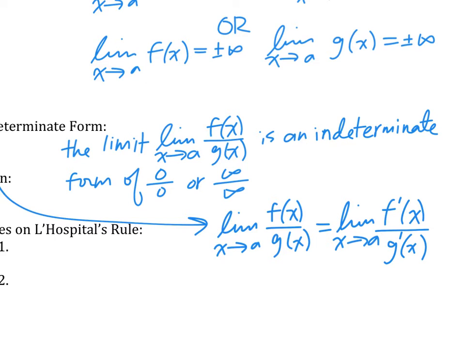Okay, what it says is if you have two functions f and g, they are both continuous and differentiable. And when you evaluate them at this point a, both of them turn into 0, or both of them turn into infinity. Then what you can do is find the limit by taking the derivative of the two functions separately. So the limit of this f over g is the same as the limit of the derivative separately.